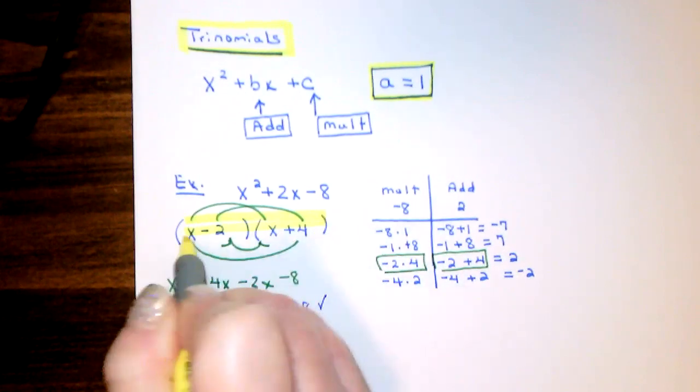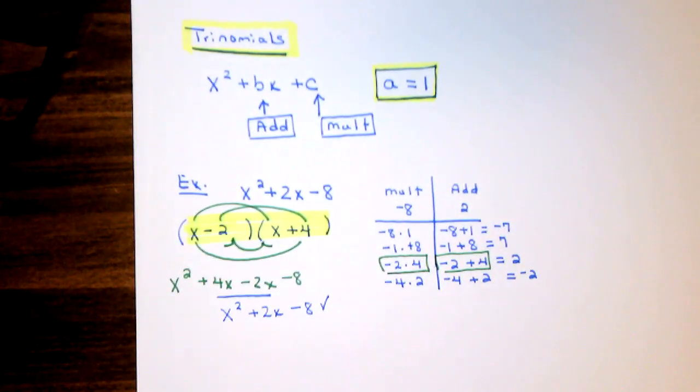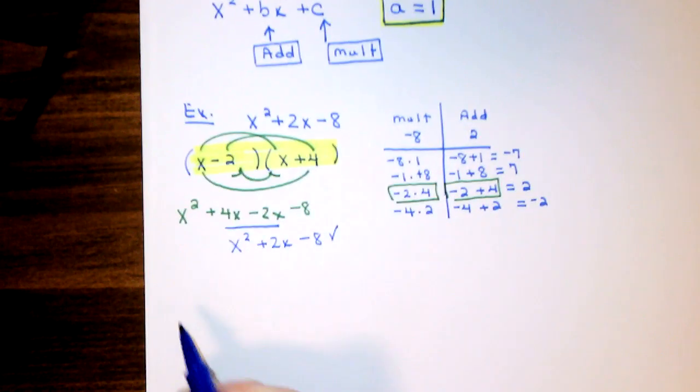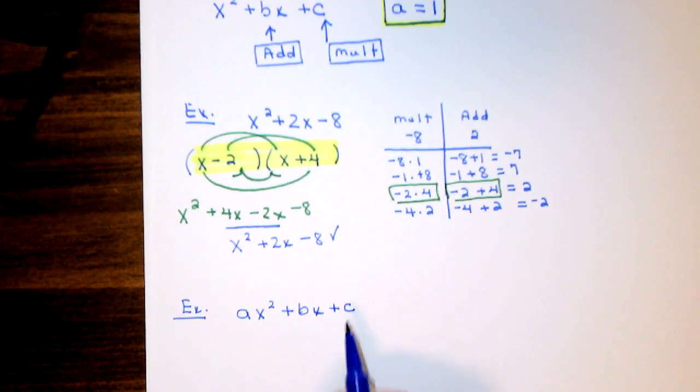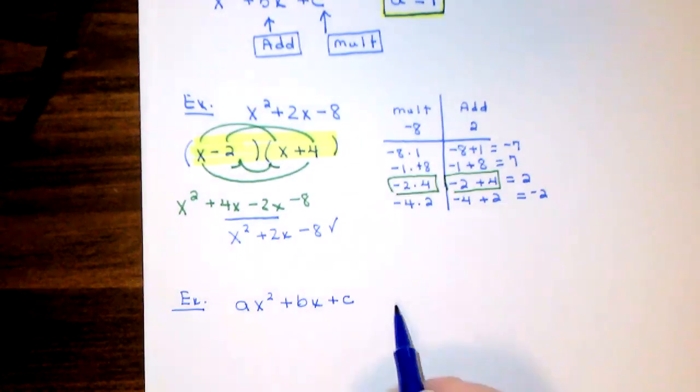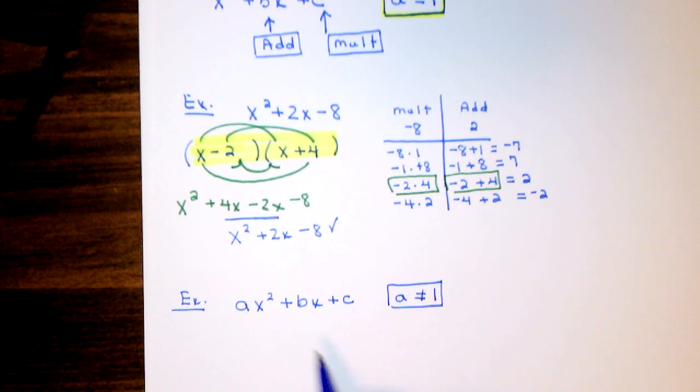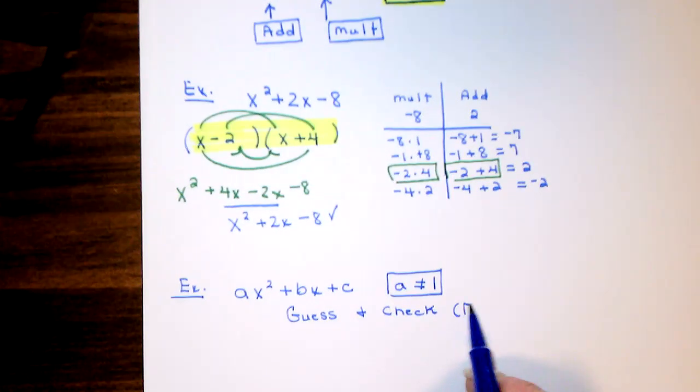So remember, factoring is where we're breaking apart. Okay? The next example is going to deal with A is not equal to 1. So you would have a problem where you would have a number here where A is not 1. So this is where you're going to have to do some guess and checking. So it's very important to do that check with the FOIL when you're guess and checking.